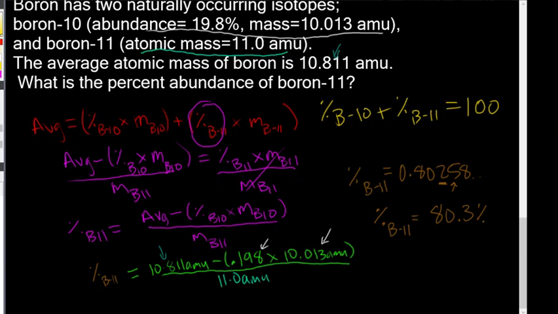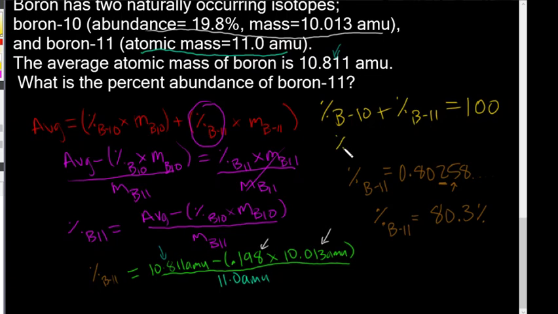So if there was boron 12, it would be the percentage of boron 10 plus the percentage of boron 11 plus the percentage of boron 12 equals 100. So what you can do is just isolate the one you want to solve for. But this way right here is not the way that teachers prefer you to do it, but it's a good way to check your answer, and it takes like 2 seconds.